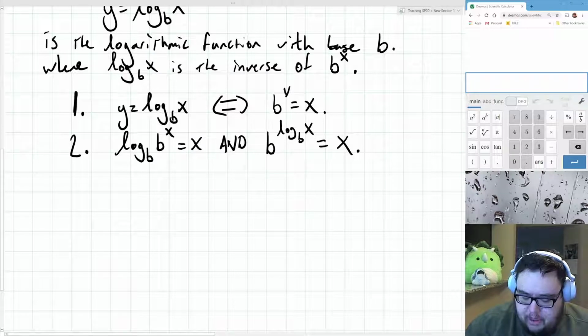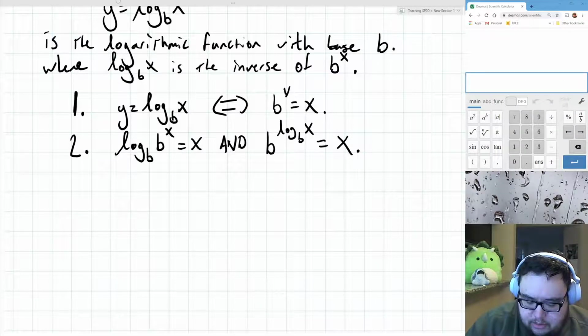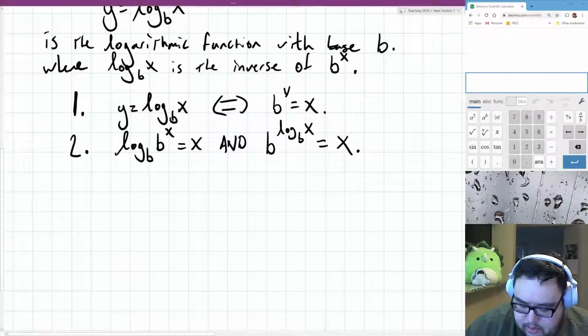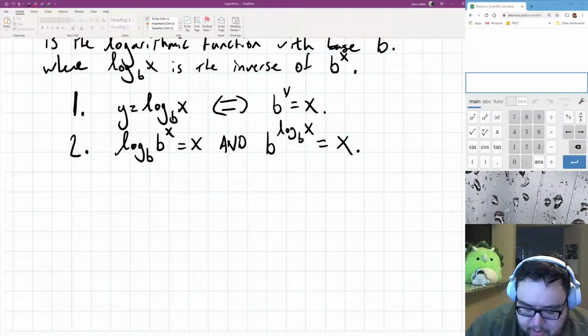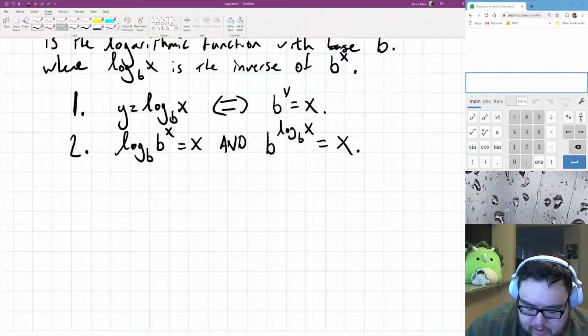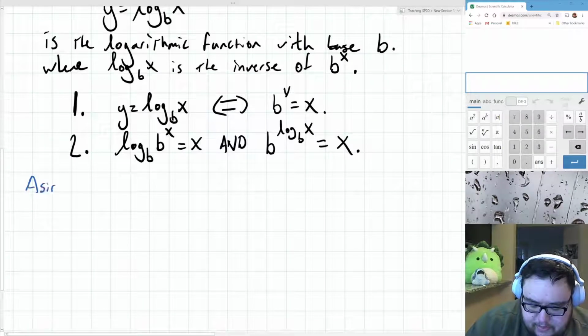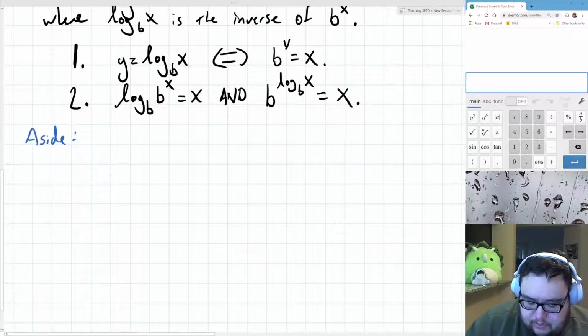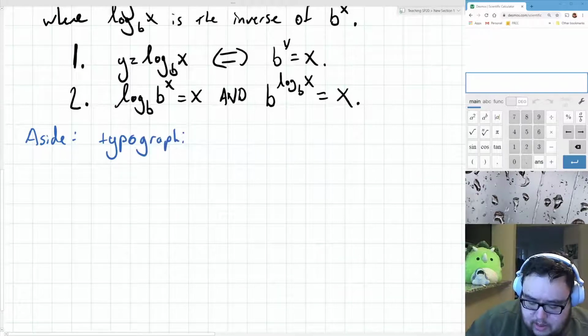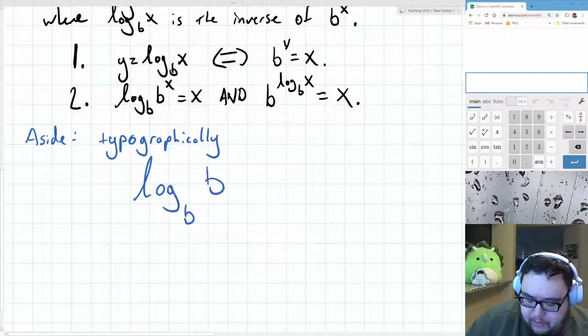A brief moment here, actually. This statement, as an aside, I'm going to grab a different color. So typographically, log base b of b to the power of x.